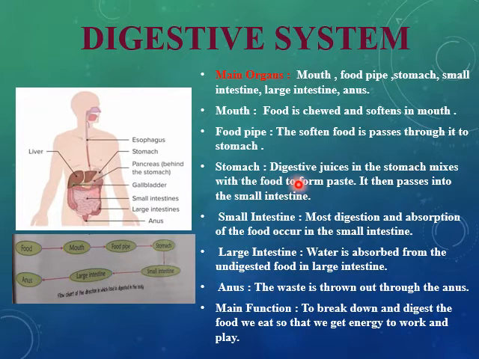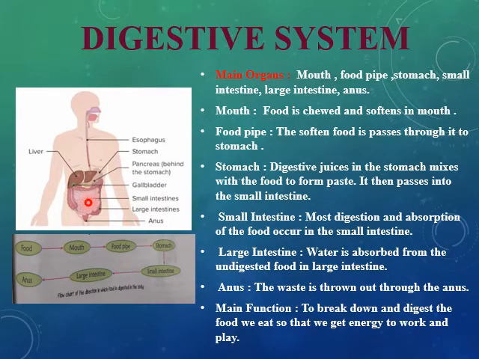And then this paste or softened food passes into the small intestine. Softened food, or we can say the mashed food, passes from the stomach to the small intestine.